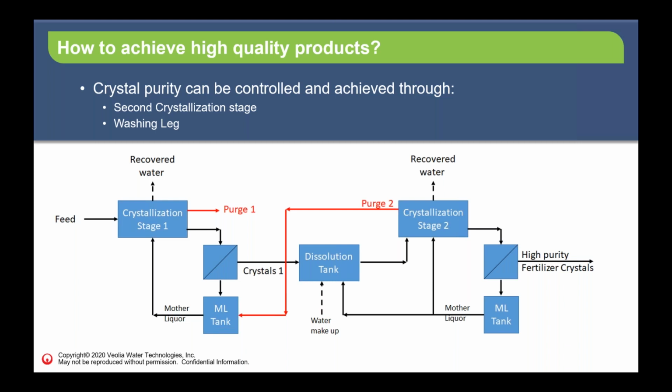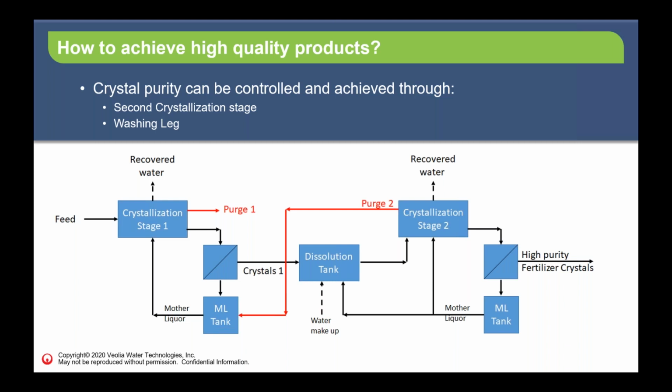All of this leads to the fact that we can achieve high purity fertilizer crystals when we go out from the separation process. Of course, here we can have washing in the liquid solid separation process 1 and the liquid solid separation 2. Also, we can add external or internal washing legs to the first crystallization or to the second crystallization stages.